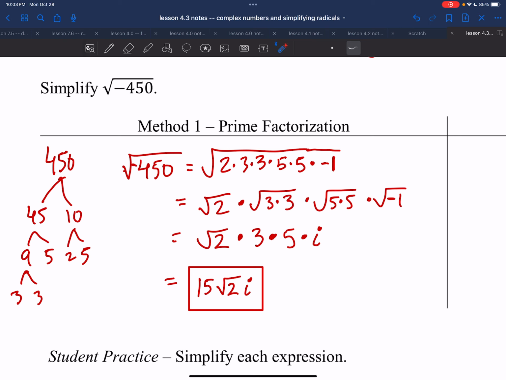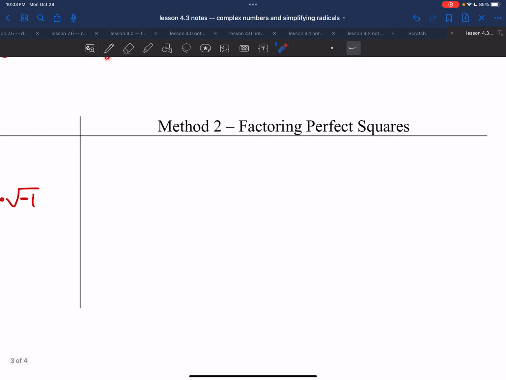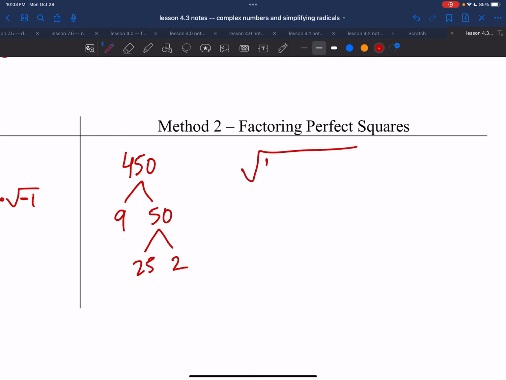Okay? To see the other method, it's really the same thing, but you just focus specifically on perfect squares. So 450, 9 goes into 450 50 times. And 50 is 25 and 2. So you could say, okay, negative 450, sorry, we'll save that, is 9 times 25 times 2 times negative 1.